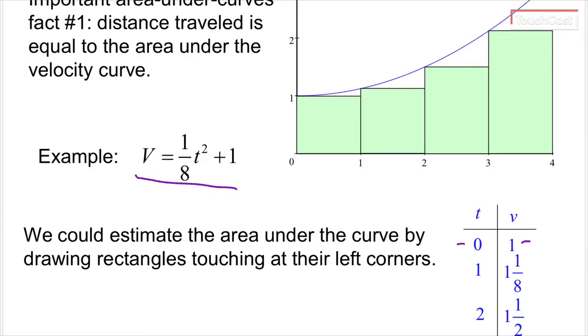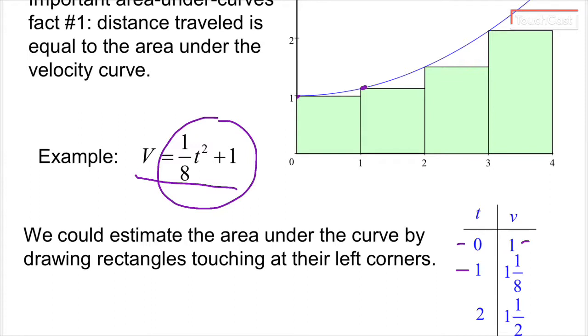So that's where the blue curve, the velocity curve, was already drawn in before we started. Now I'm interested to know at time 1, I can use this formula and I get that the velocity is 1 and 1/8. So that's that point right here.